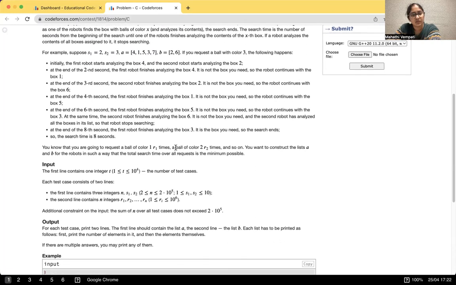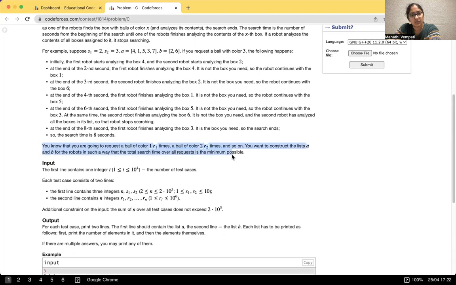You know that you're going to request a ball of color 1 R1 times and a ball of color 2 R2 times and so on. I want to construct the lists A and B for the robots in such a way that the total search time for all requests is minimum.